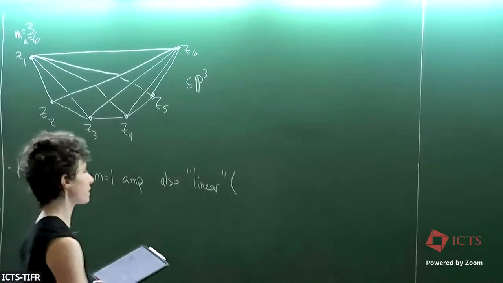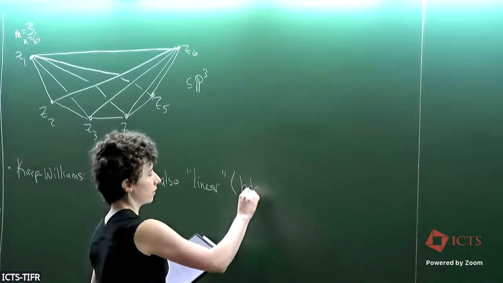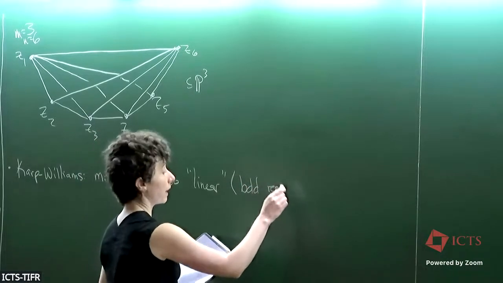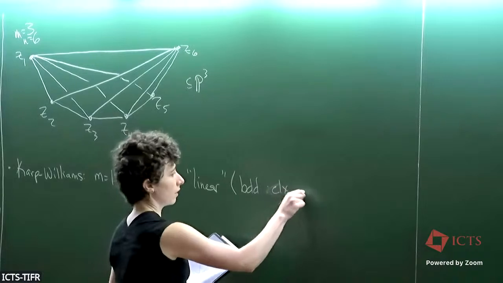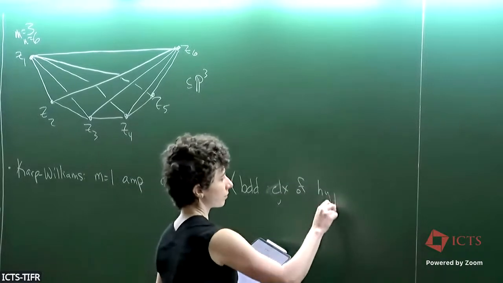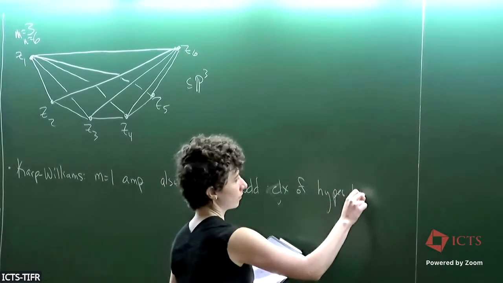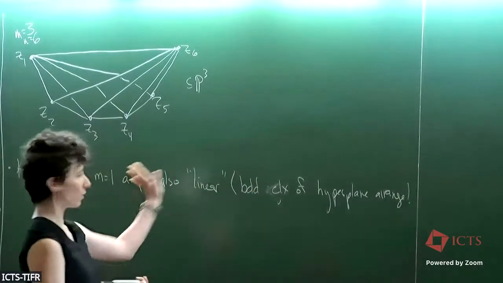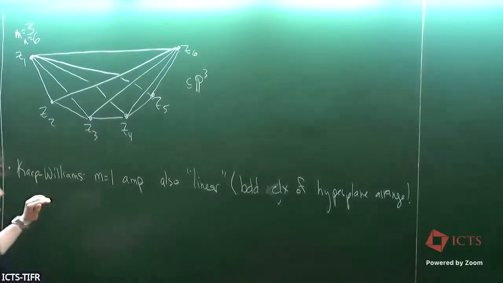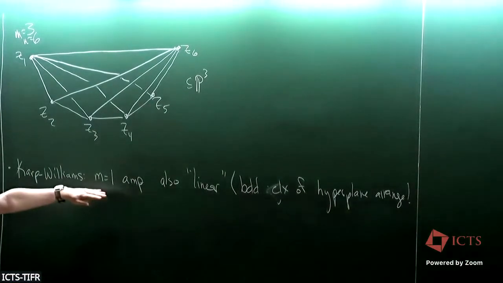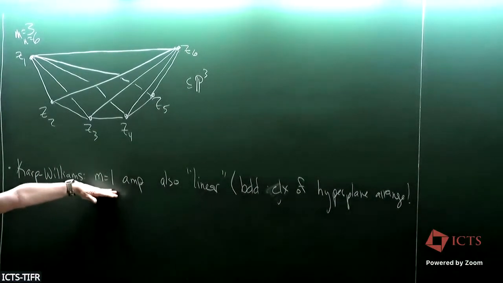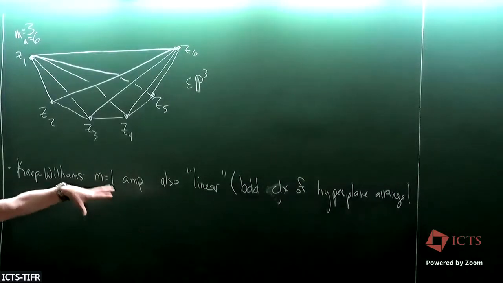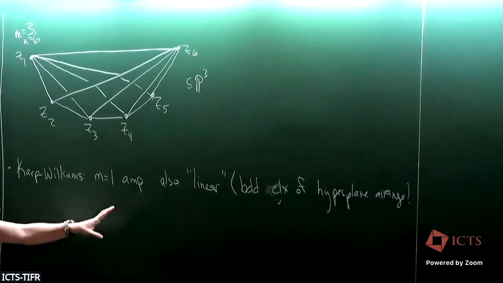Maybe I'll say it's the bounded complex of a hyperplane arrangement. Okay, and I don't want to say more about this. I just want to emphasize in this other extreme case, when I set the parameter m equals 1, we also know what's going on with the combinatorics. Everything is good.